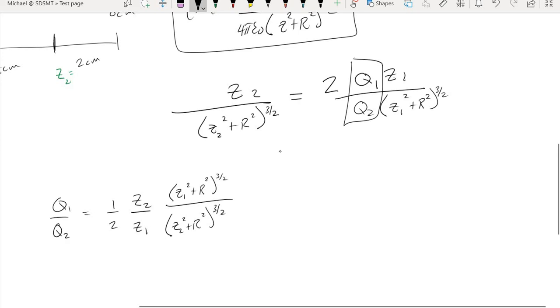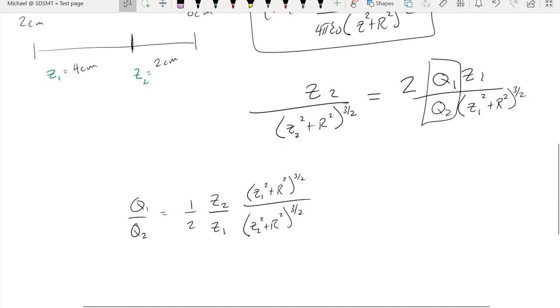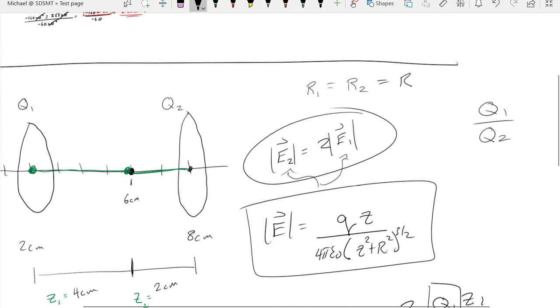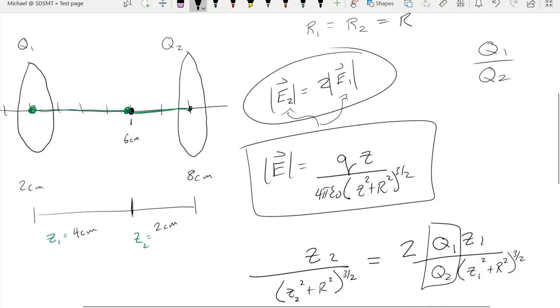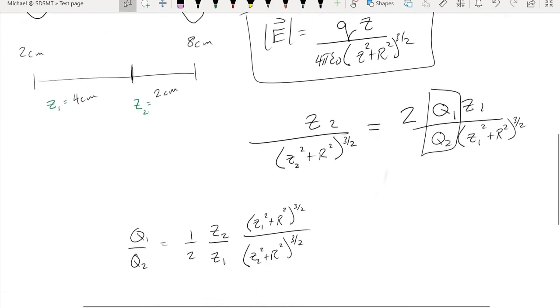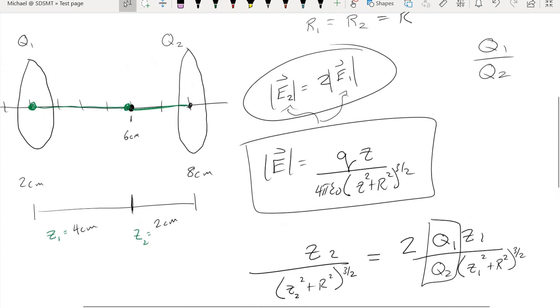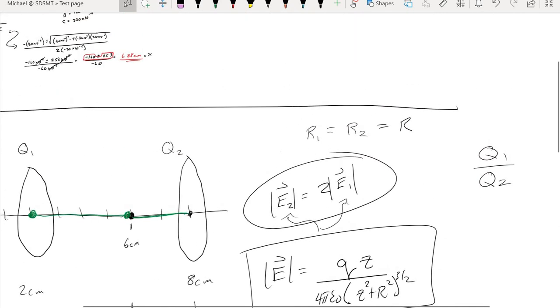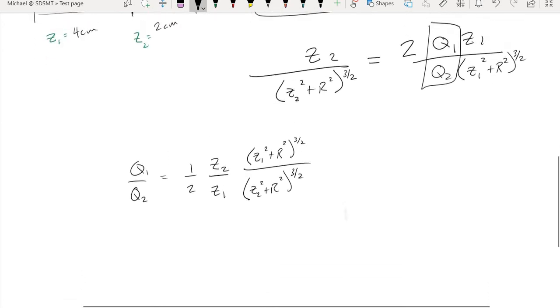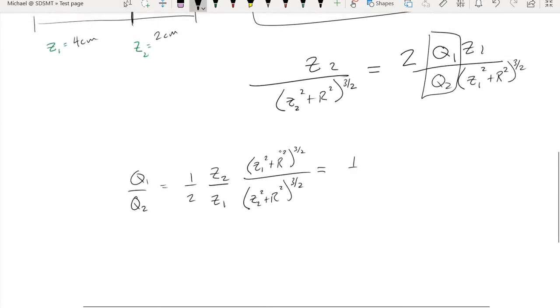And there we have it. There is the ratio of the charges that will make this into a true statement. Now, I have given the values of Z1 and Z2, so the only thing left is that I would need to provide a value for R. Let R be 5 centimeters. So now that we have numbers for everything, we can plug in everything that we have.